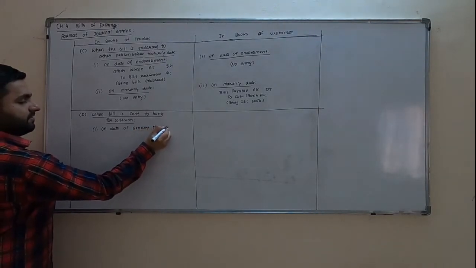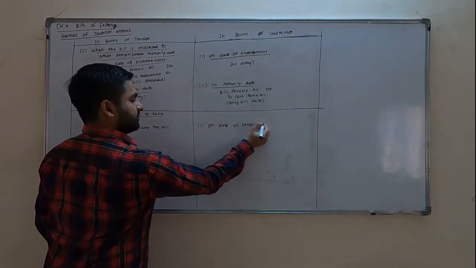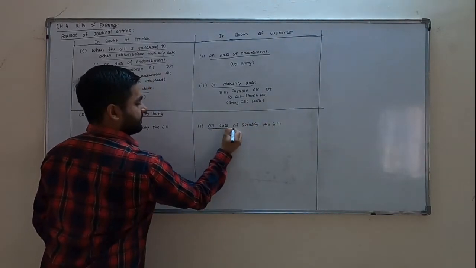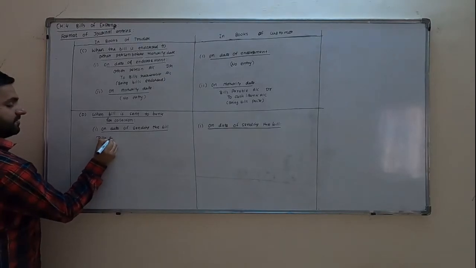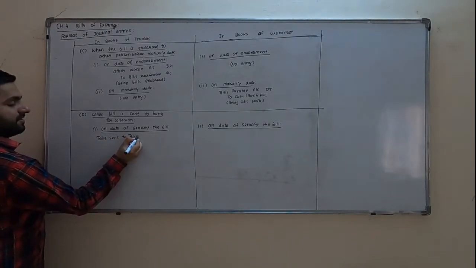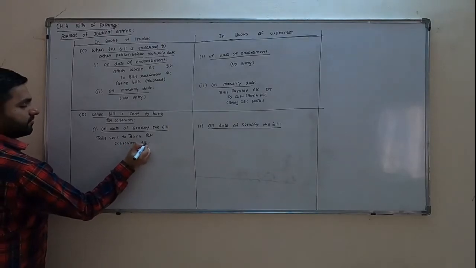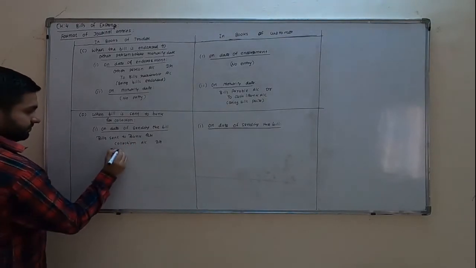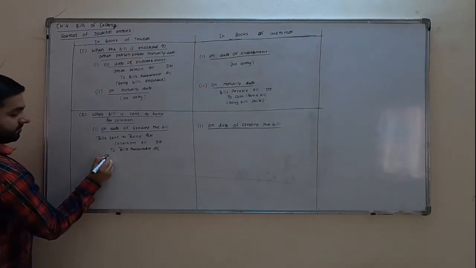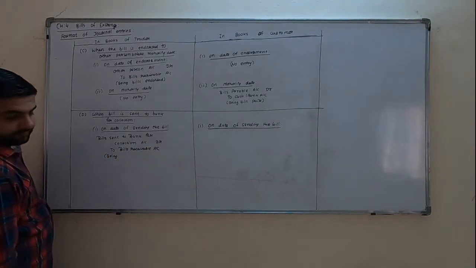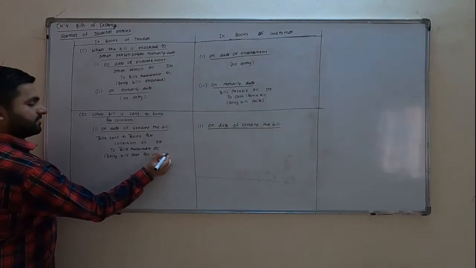on date of sending the bill, here the entry will be: bills sent to bank for collection account debit to bills receivable account, being bills sent for collection.